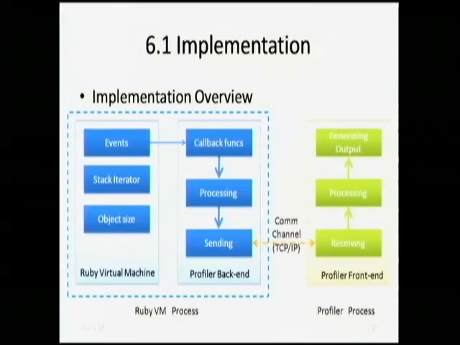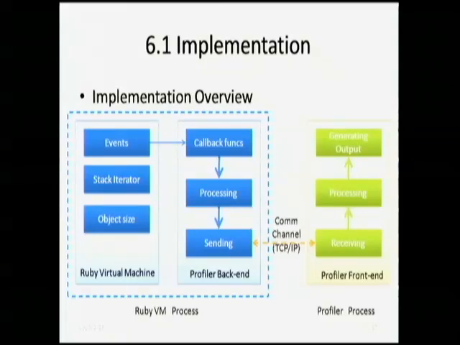And last, I will talk about the implementation. I won't bother you with details, but I will give you a quick overview. To put it simply, we modified the Ruby virtual machine. We created a backend as a C extension, and we use a native thread to make it run in parallel with the Ruby virtual machine.